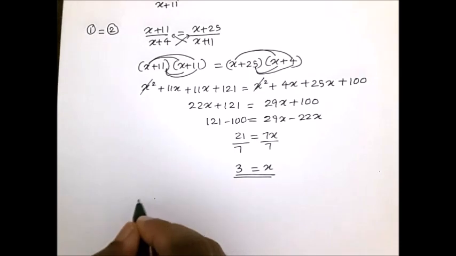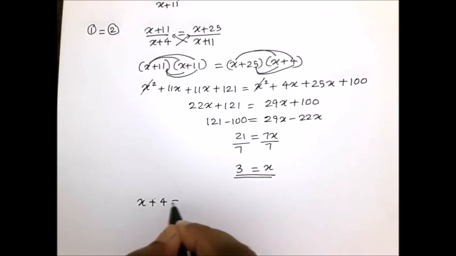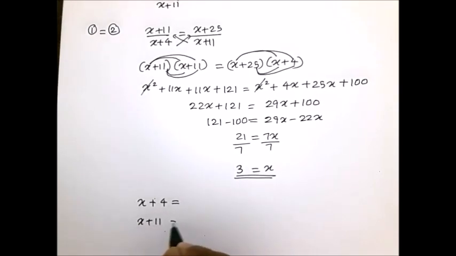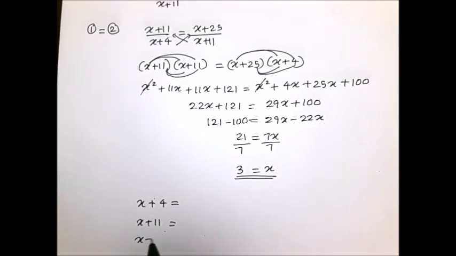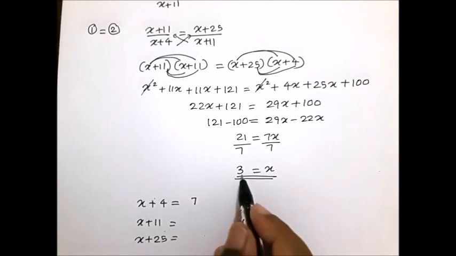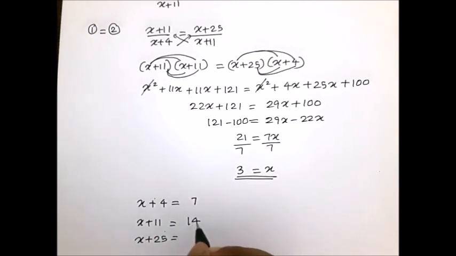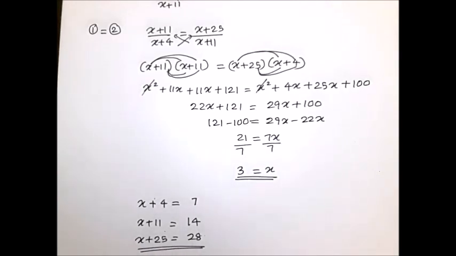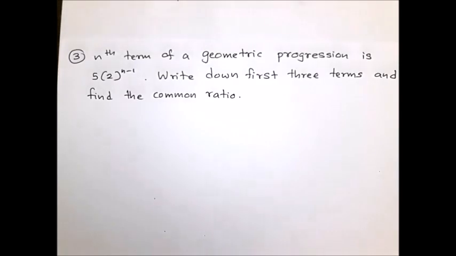The first 3 terms are x + 4, x + 11 and x + 25. x is 3. 3 + 4 is 7. 3 + 11 is 14. 3 + 25 is 28. These are the first 3 terms: 7, 14 and 28.